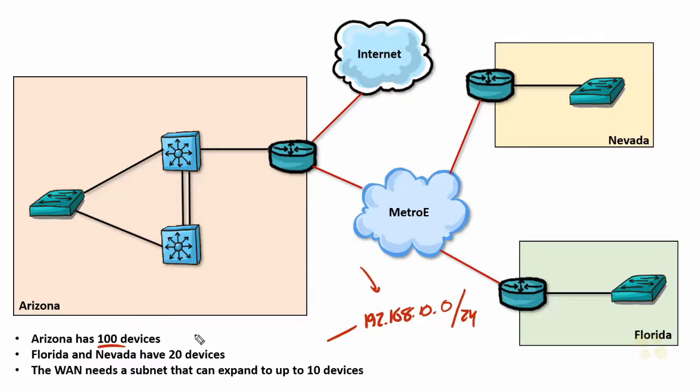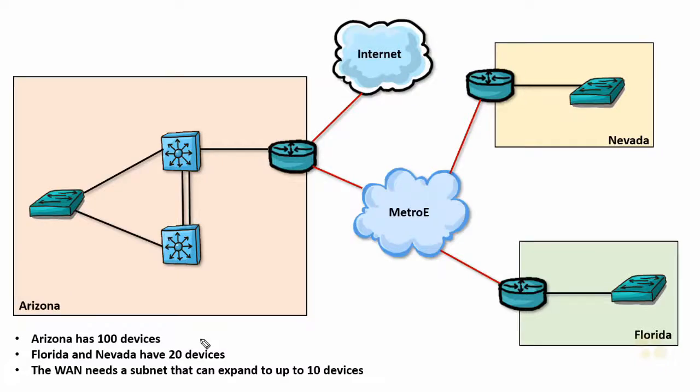If I look and I go, okay, 100 devices, your increment to get something like that is going to be 128, right? So you can't really chop that up into multiple 128s. You'd get two. You'd get subnet 1, which is 0 through 127, and subnet 2, which is 128 through 255. That would get Arizona and maybe Florida, but now you've got Nevada and the WAN. You're out, right?